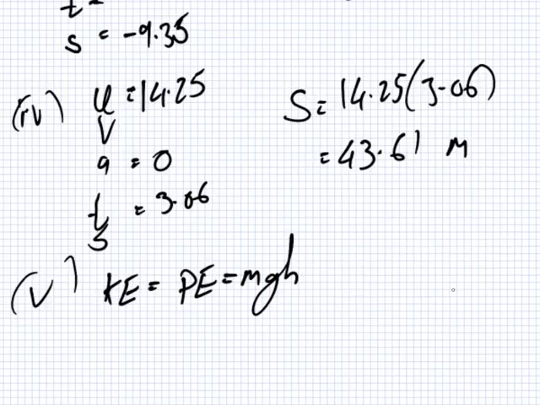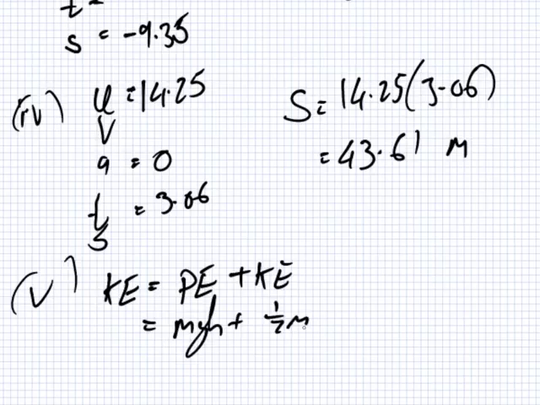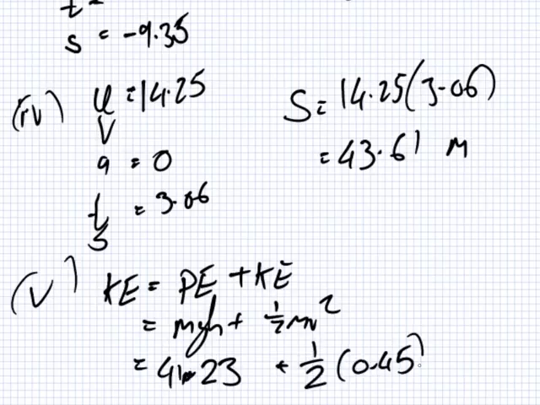Because I forgot, it doesn't have only potential at the start, it also has kinetic at the start, doesn't it? So I should have said kinetic at the end is potential and kinetic at the start. So it's still my previous answer, 41.3, but now I must add in the starting kinetic energy.